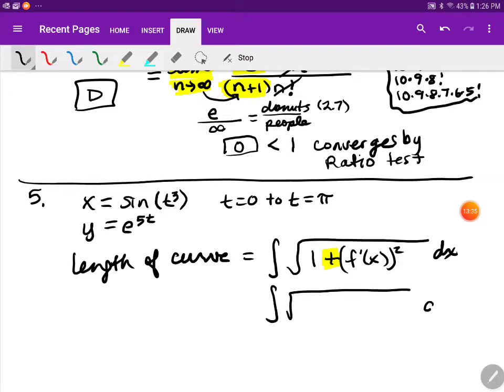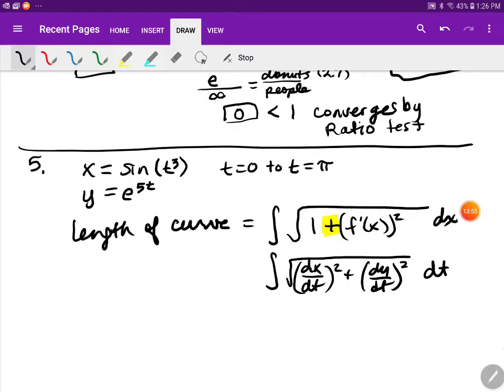Okay, another one is with dt's. The dt one is dy dt squared. Usually I put the x first. So let me erase that. So it's dx dt squared plus dy dt squared. Okay. Now, if you haven't done these questions, you've got to make sure you do them before you listen to my explanations, or you're not going to learn anything.